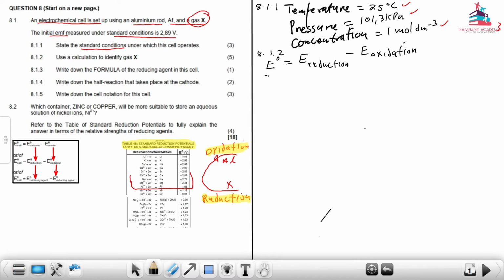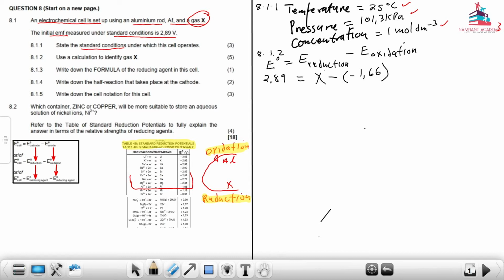We are given that E naught is 2,89, and I know that this should be X minus E of oxidation, which from the table is negative 1,66.